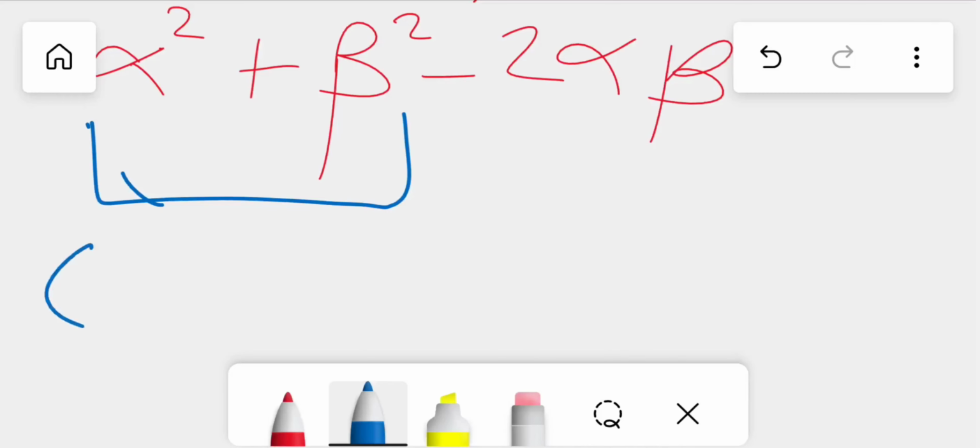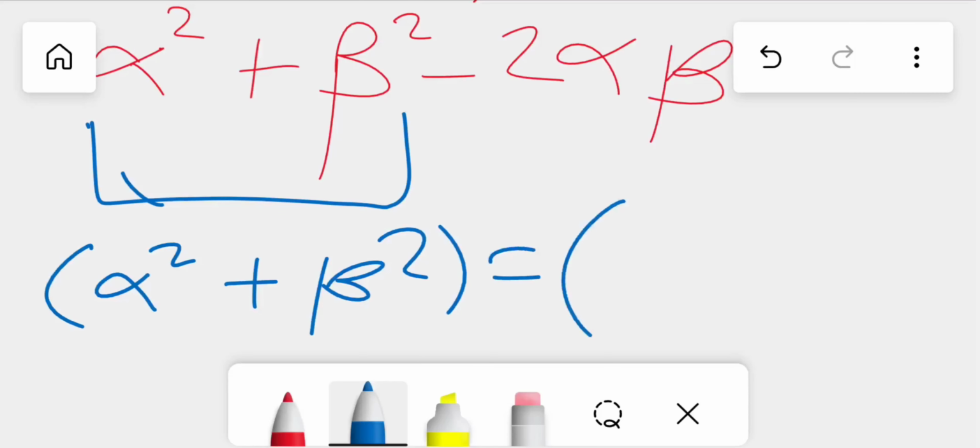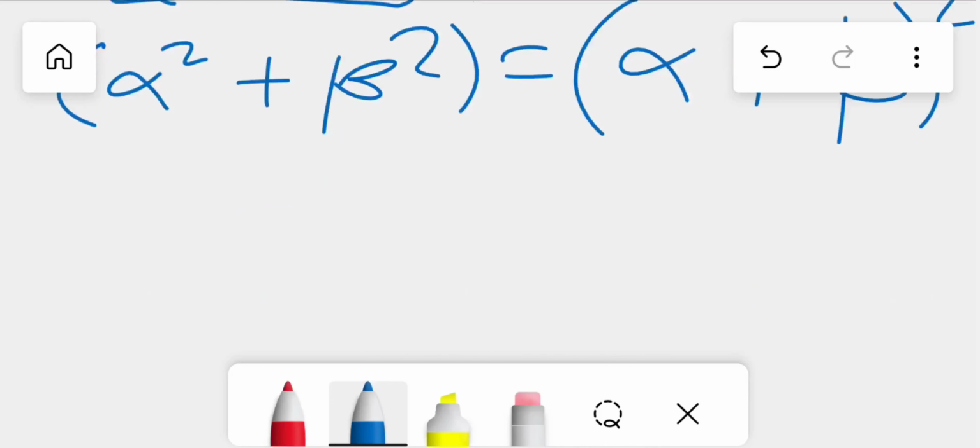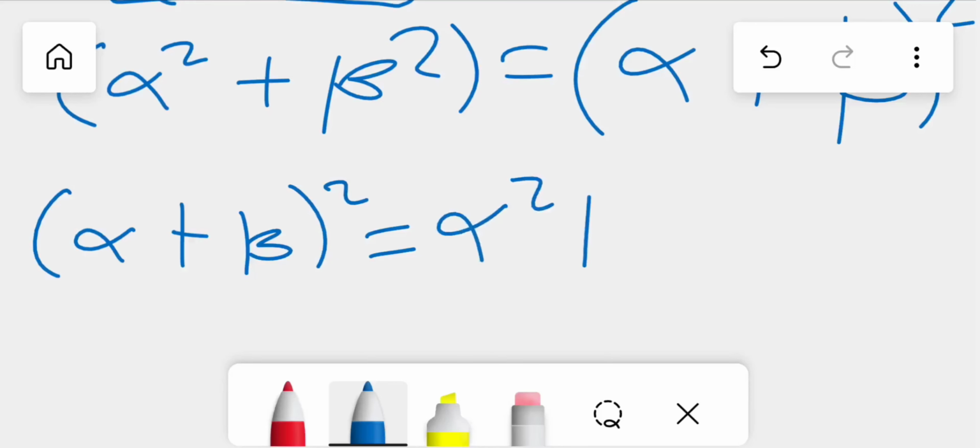So the identity here is going to be like this. To find the identity for alpha squared plus beta squared, we expand (alpha + beta)². The expansion is alpha squared plus 2 alpha beta plus beta squared.